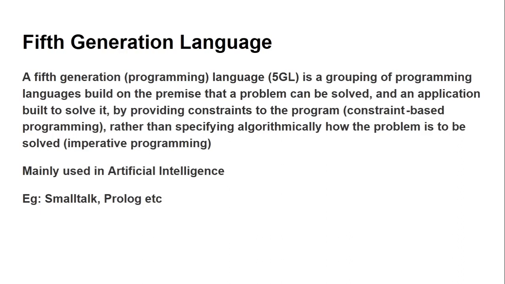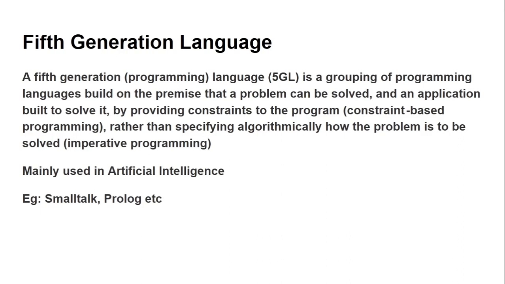But in fifth generation it is completely something new. Instead of writing an algorithm for solving the problem, we expect that we will have a program and we will just give it a certain problem, and it should be able to find out the code for itself.